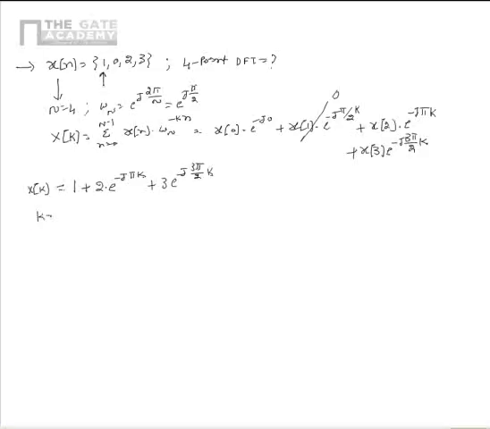From this we see that if k is equal to 0, x of 0 would be equal to 6.